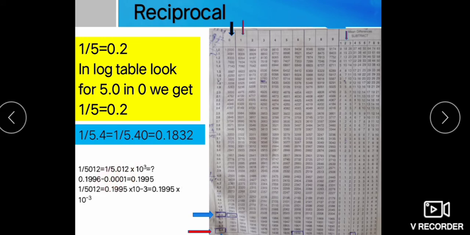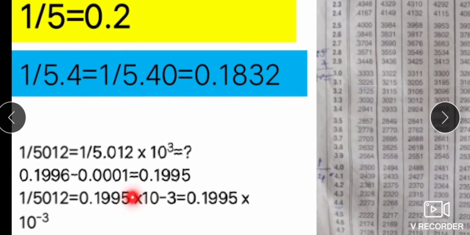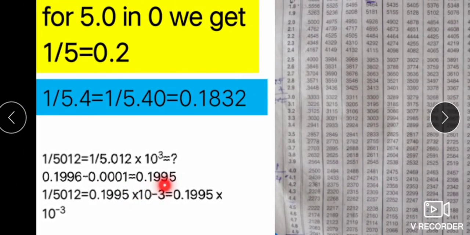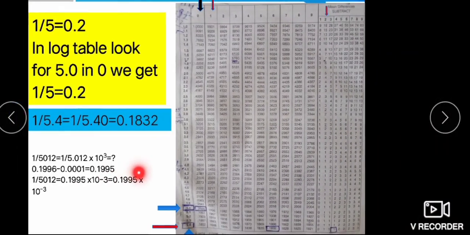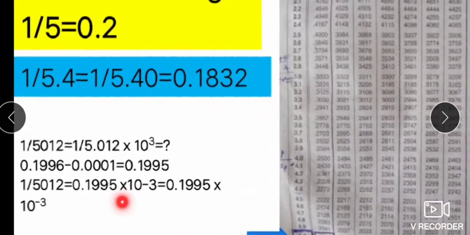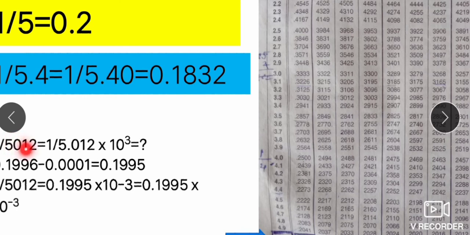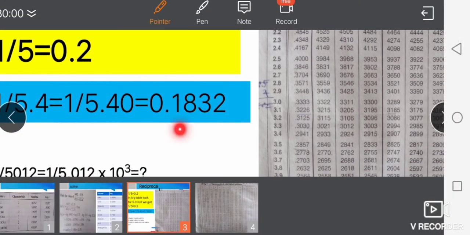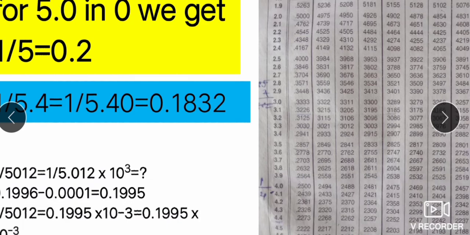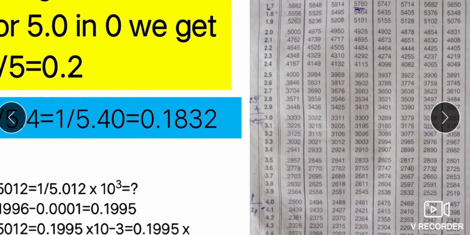Next, if we want to see the value of 1 upon 5002, in the log table there is a row of 5.0, so convert the denominator into 5.002. We can write this as 5.002 into 10 raised to 3, and see the value of the 5.0 row under column 1 and 2, and subtract the mean difference.